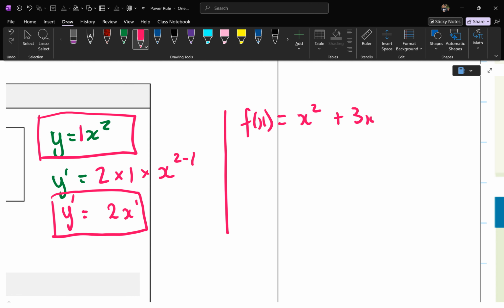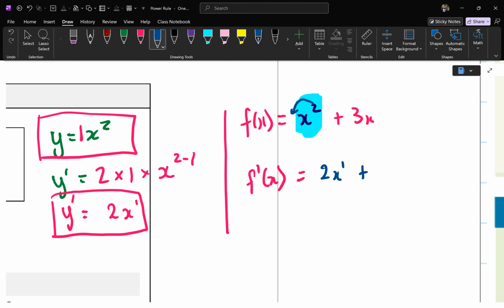Let's practice the rule again. The derivative, which is to find the gradient. Let's do the first one. We just did this one. The derivative of x squared gave us what? 2x. When we used the rule, we said bring the 2 down, minus the power by 1, so it became 2x. Let's do the same for the next one.